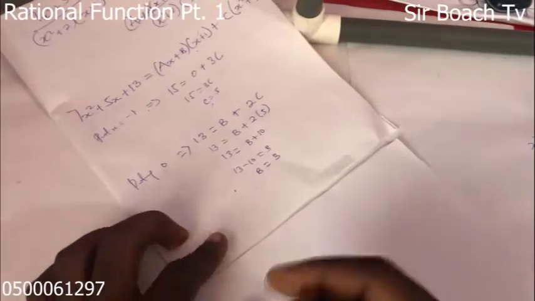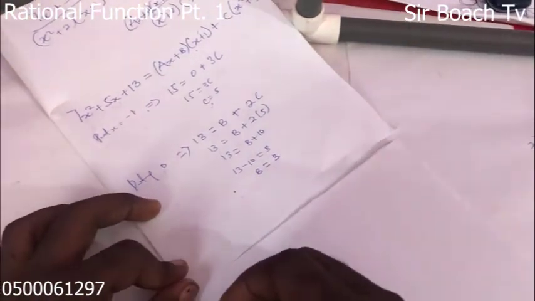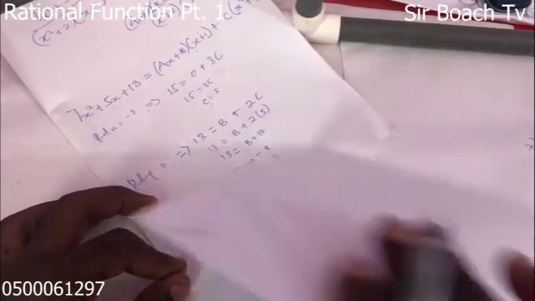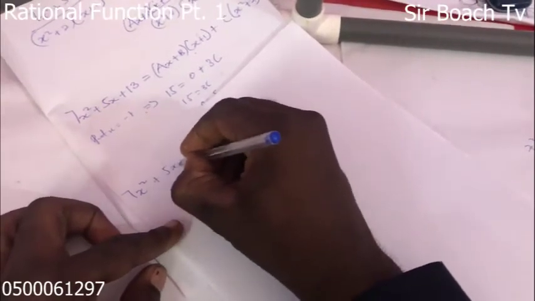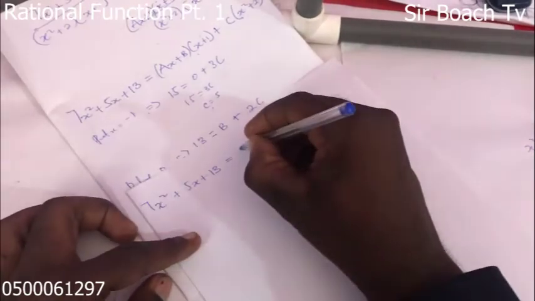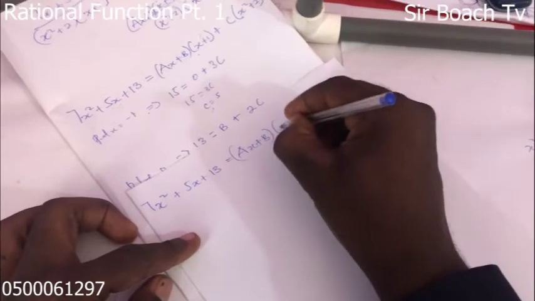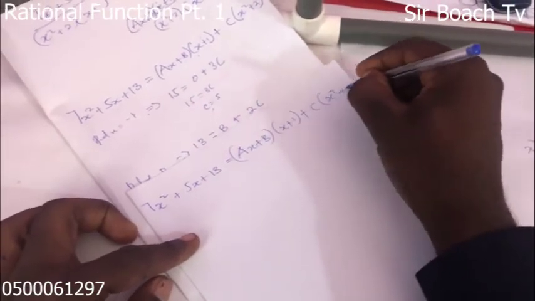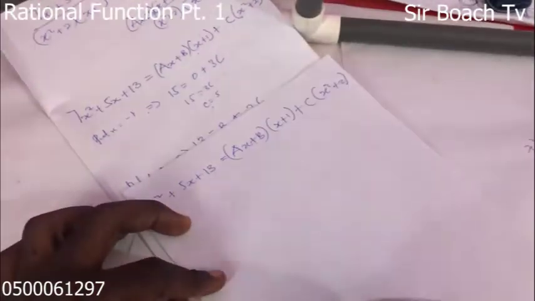So we have 7x squared plus 5x plus 13. Then we also have (ax plus b) in a bracket, (x plus 1) in a bracket, plus c in a bracket (x squared plus 2) close. So we want to expand this one.